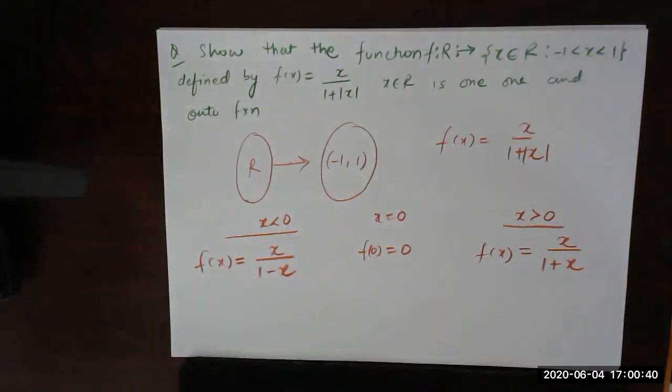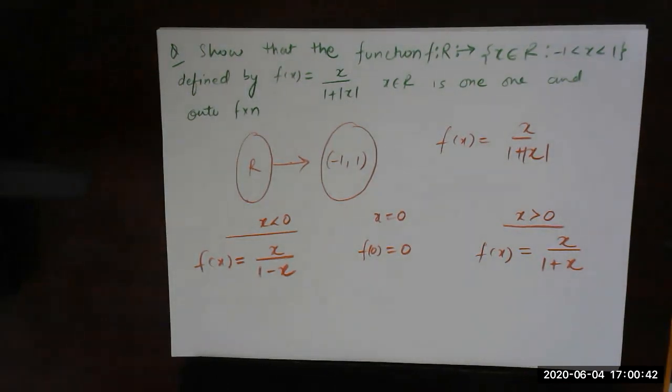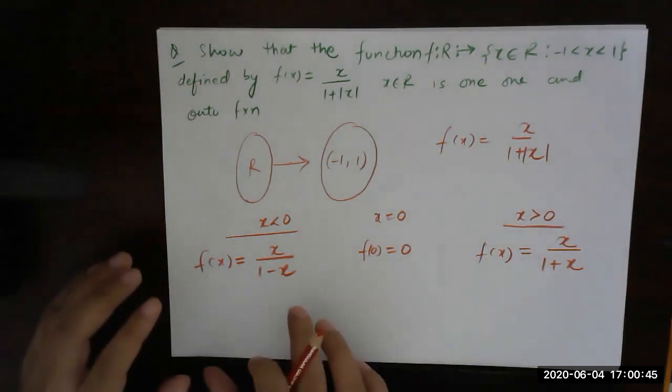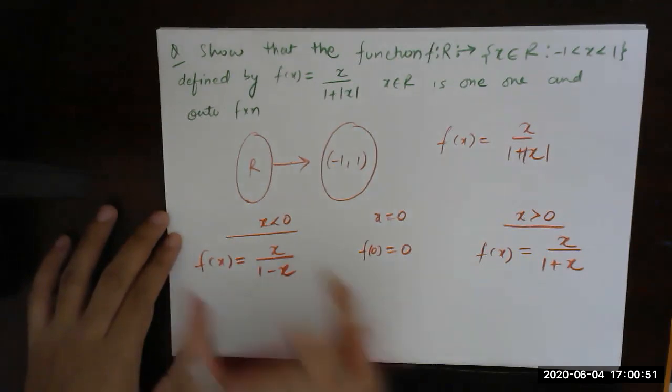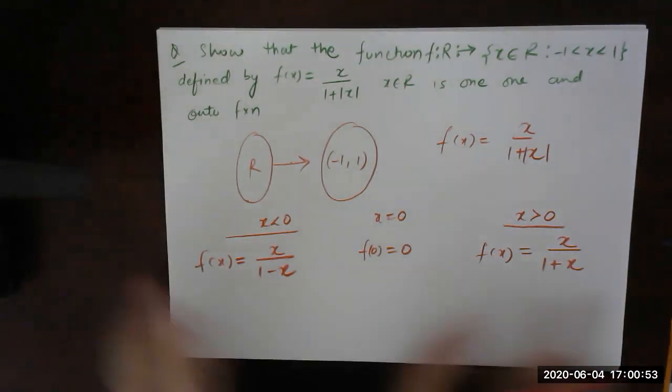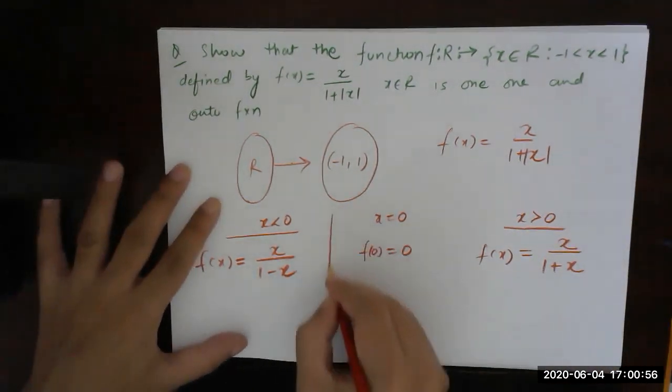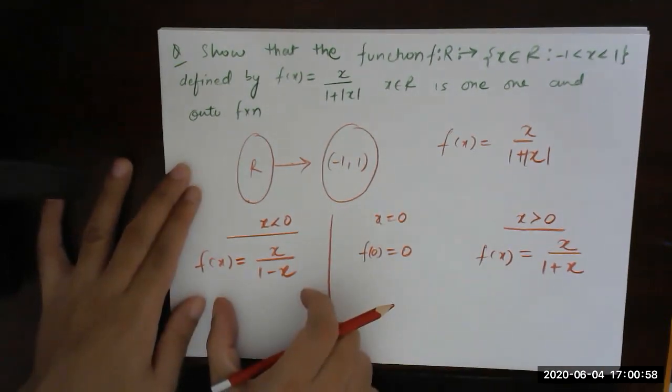Fine? Very good. Okay. So now we will try to find out the one-one and onto nature of the function in this domain, and then combine. So first I will try to find out the one-one nature of the function in this.